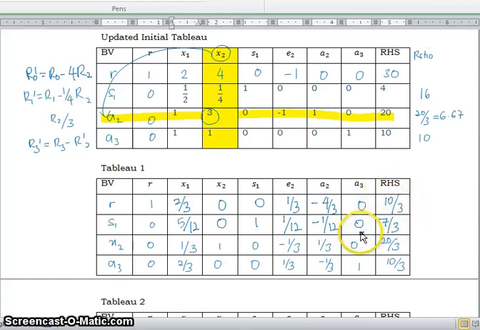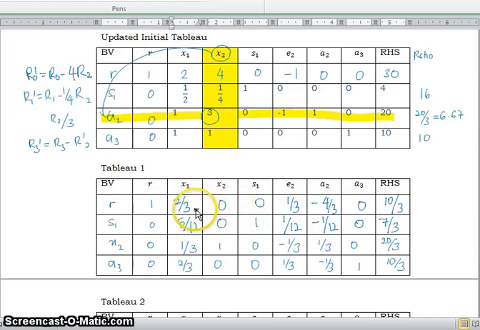Okay, now we have already updated the tableau. Now check the optimality of W1. Remember the objective is to minimize R. Therefore, we need to make sure all coefficients in row 0 are non-positive.